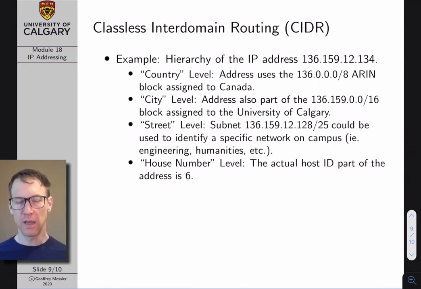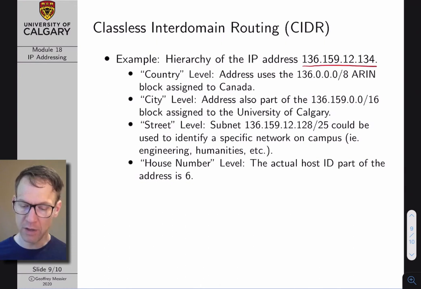And so to conclude this discussion, let's do a little bit of an example. Let's take a look at the hierarchy of the IP address 136.159.12.134. This is a University of Calgary IP address.